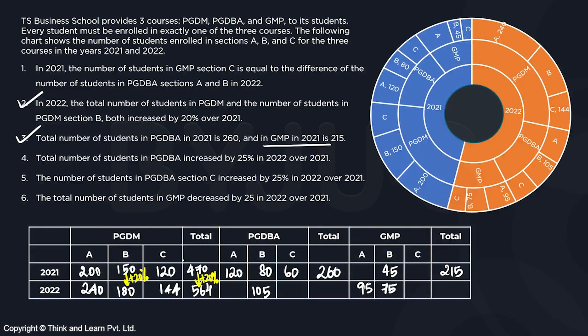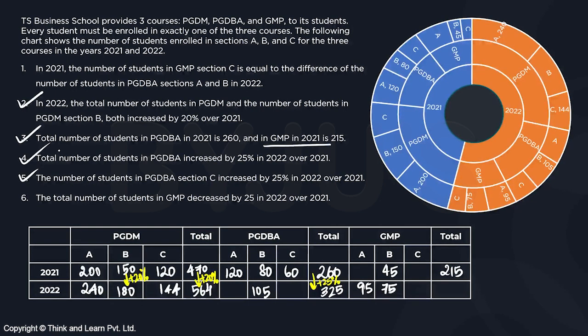This is still missing. Fourth point, the total number of students in PGDBA increased by 25% in 2022 over 2021, which means this increases by 25%. Now, 25% is 1/4 of 260, which is going to be 65. So 260 plus 65 will end in 325. Out of 325, we don't know both the values of section A and C. So let's leave that as such.